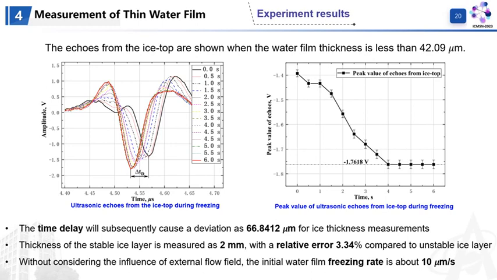It means if the thickness of the stable ice layer is measured as 2 millimeters, the relative error is 3.34% compared to an unstable ice layer. Without considering the influence of the external flow field, the initial water film freezing rate is about 10 micrometers per second.